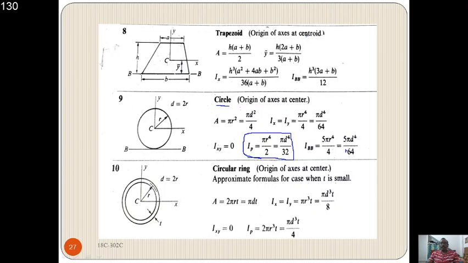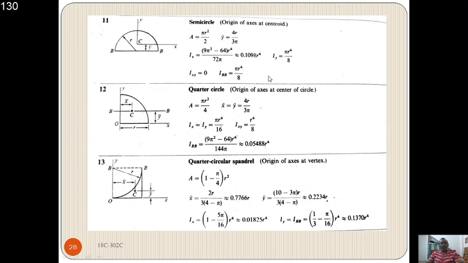These are important values for us, and they will ask many times. Circular rings are also given here, with how the values are taken with the thickness. This is nothing but your hollow circular section, but here they give the thickness in terms of the radii.